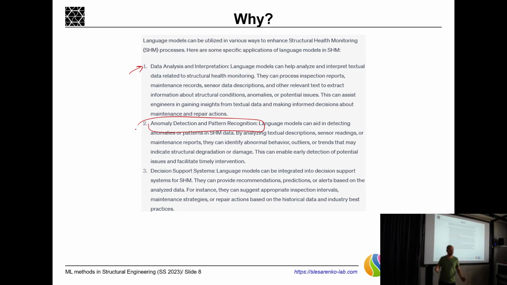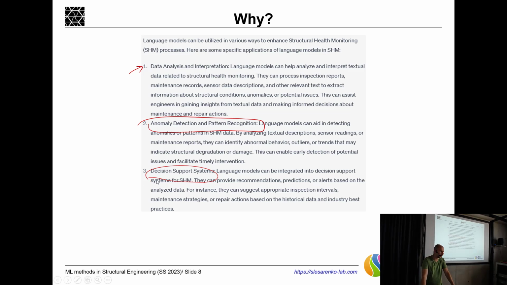sequential things, because when you do health monitoring, it's usually not one measurement. It's usually a long-time measurement, and then you need to see the patterns in the behavior of your structure, and that's really useful. And finally, we have so-called decision support systems.